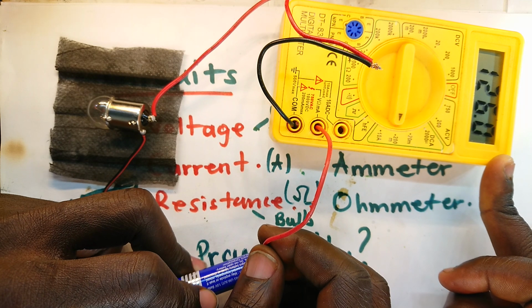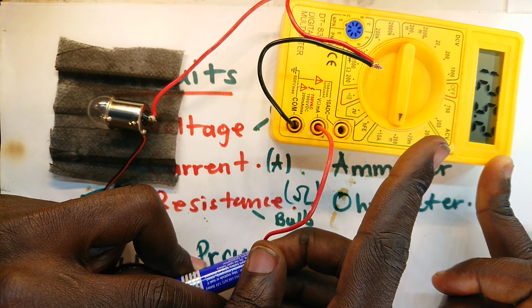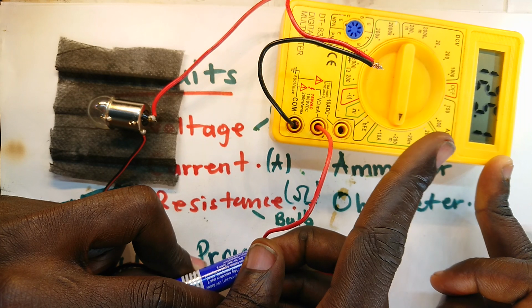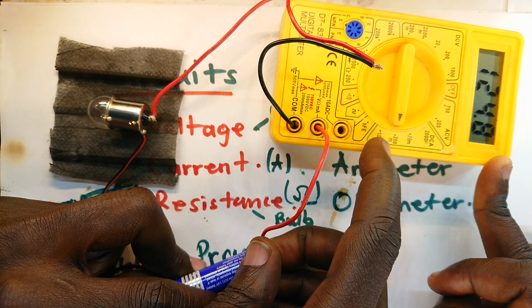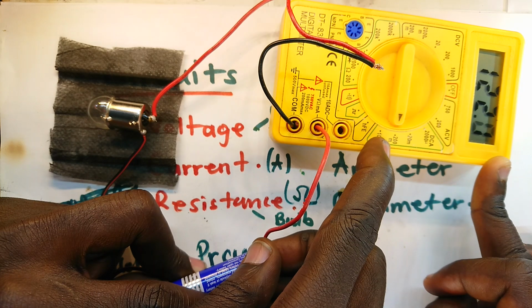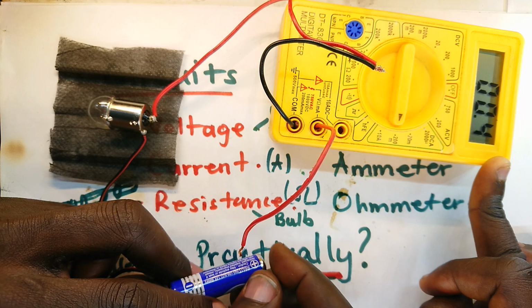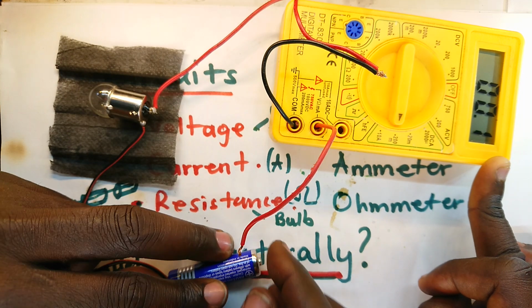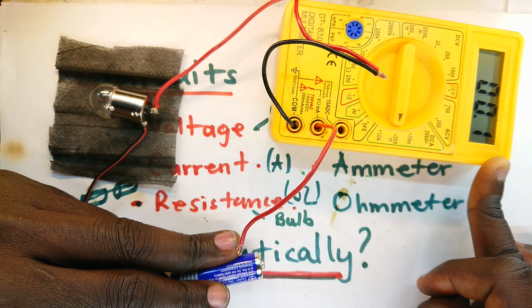Oh, it is glowing but dimly, and it tells me 125 milliamperes are flowing. That is because we've set it in the milliampere range, measuring up to a maximum of 200 milliamperes. Now, pay attention to the brightness and the amount of current that will be flowing.